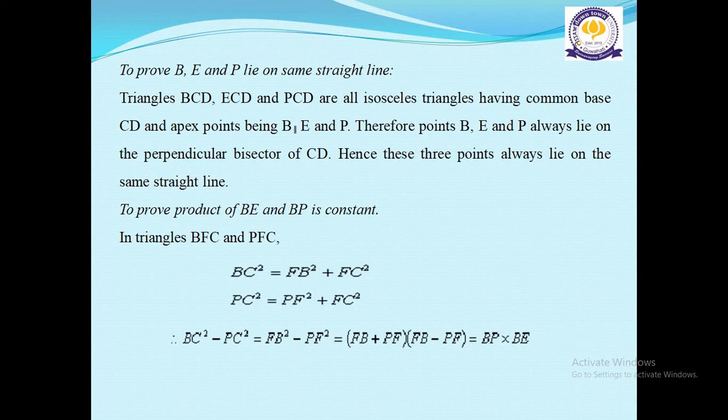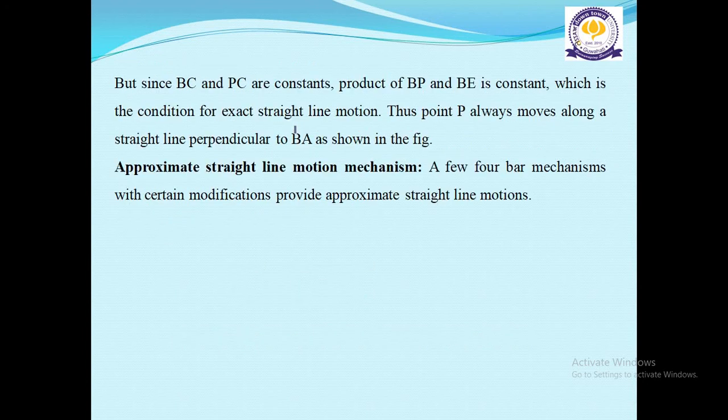So it will be FB plus PF and FB minus PF, which is equal to BP into BE. But since BC and PC are constants, the product of BP and BE is constant, which is the condition for exact straight line motion. Thus point P always moves along a straight line perpendicular to BA as shown in the figure.